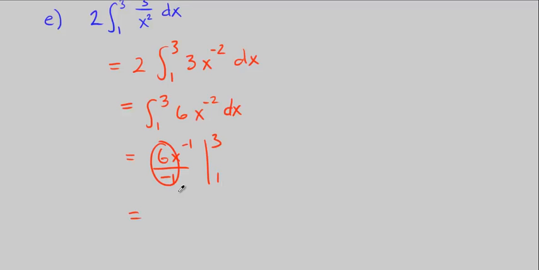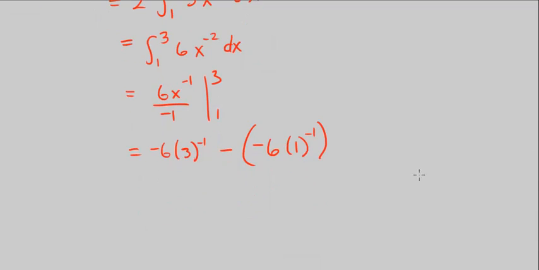This is just negative 6, so I'm going to plug in 3. I'm going to have negative 6, 3 to the power of negative 1, minus, in parentheses, negative 6, 1 to the power of negative 1. Again, what does this mean to do? It means to put it in the denominator, so that's negative 6 over 3 to the power of positive 1.